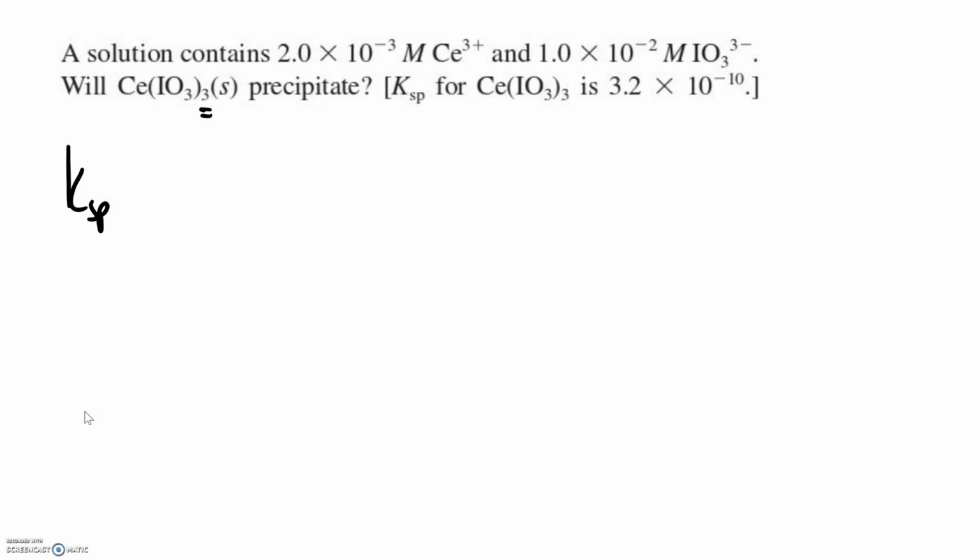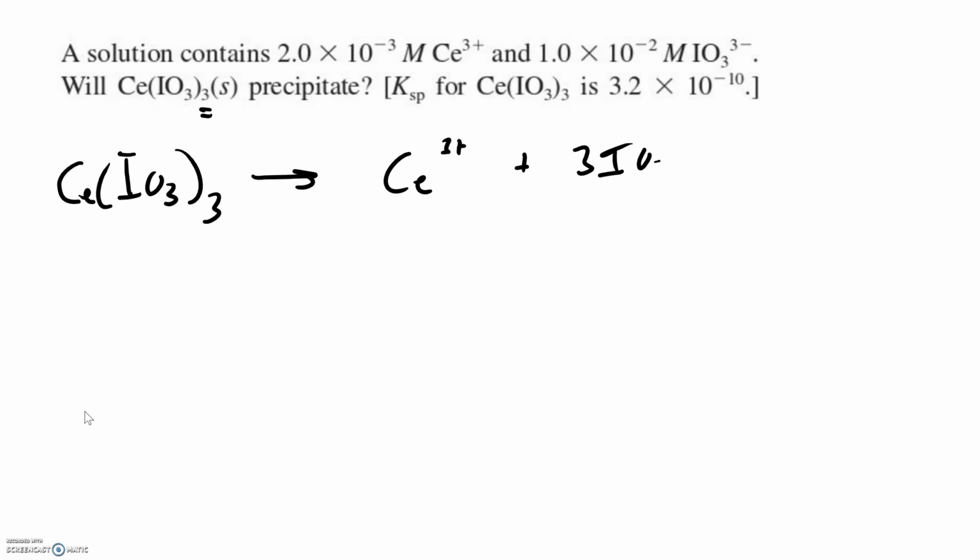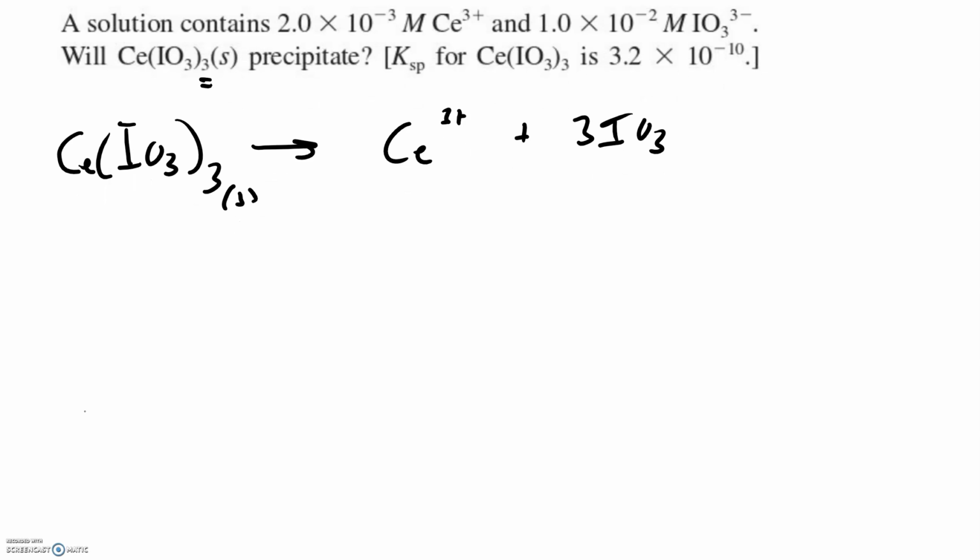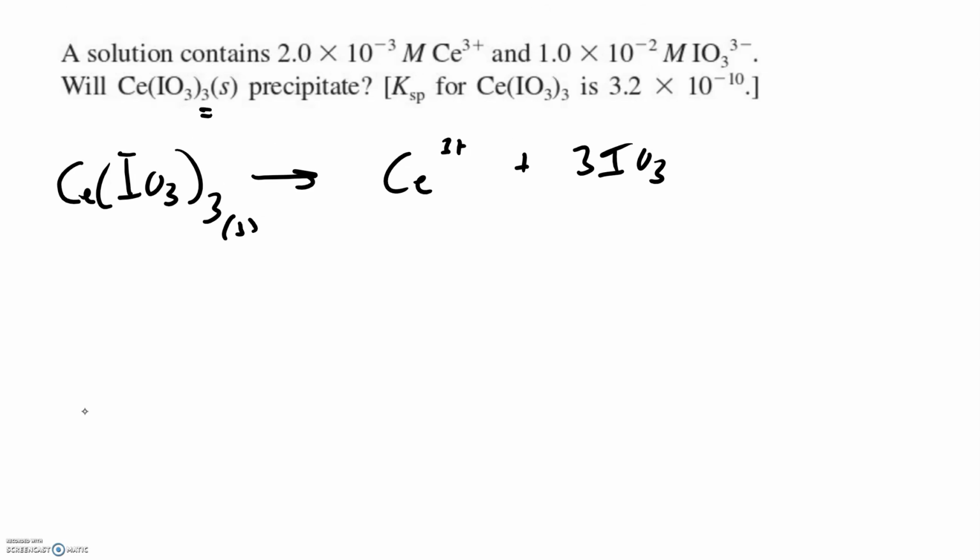Let's write the dissociation equation first. Cerium iodate is going to dissociate into cerium and 3 iodates. And since this is a solid, it even says it right up here. You even see that little S, so it tells us it's a solid.